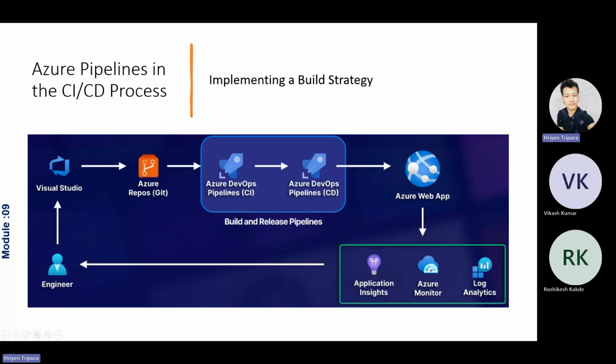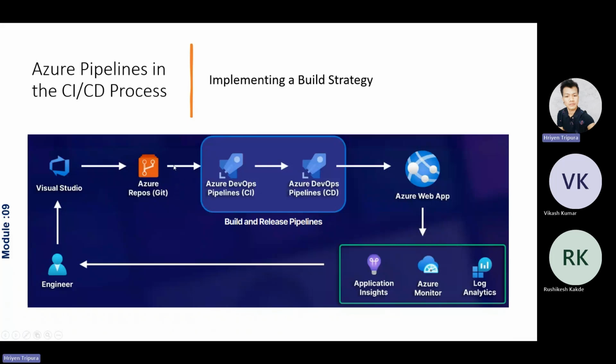If you talk about containerized applications, you will have one more process in your repo: in your repo you will have a Dockerfile. The Dockerfile will be defined based on your application. In my case, let's say it is ASP.NET Core, so I have to make a Dockerfile for .NET ASP. That will be stored in your Git itself, which is your Azure Repos.